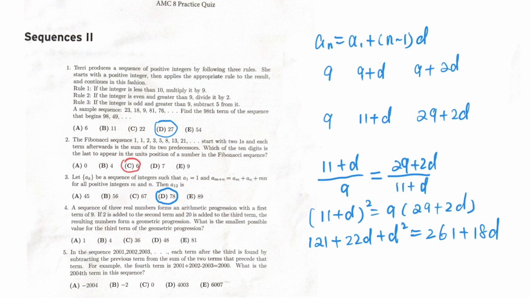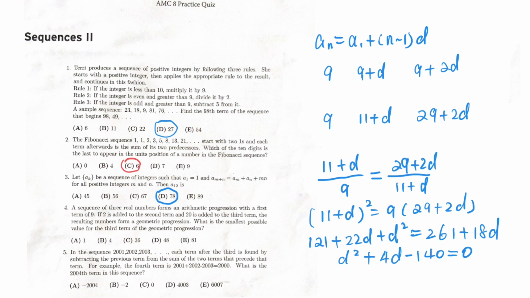And then we simplify the equation: D squared plus 22D minus 18D, that will be 4D. And then 261 moves to this side, that will be negative. So 121 minus 261, that's negative 140, equals 0.